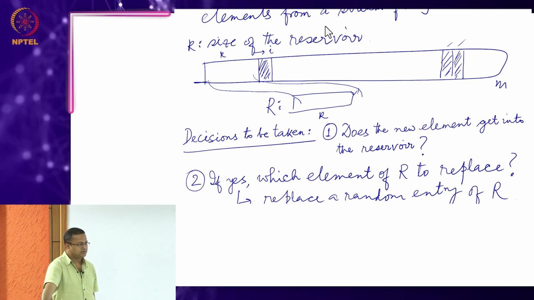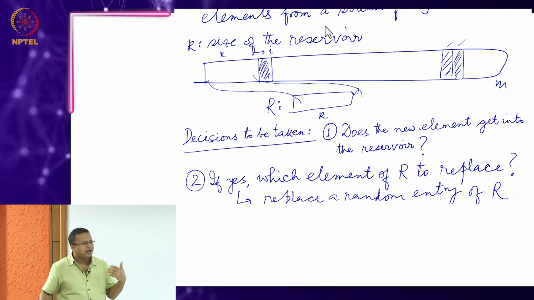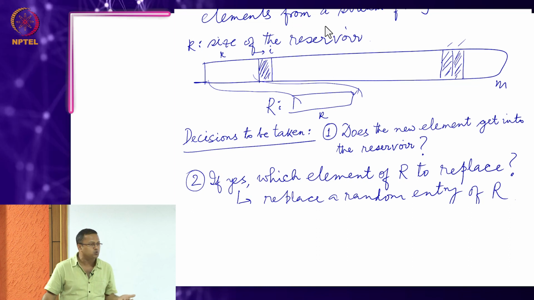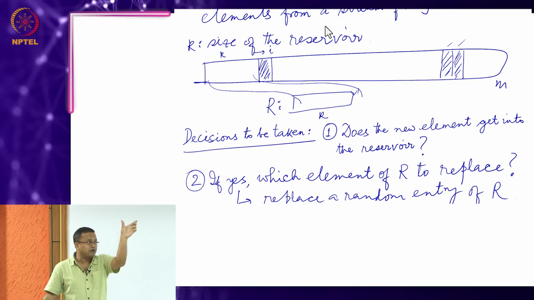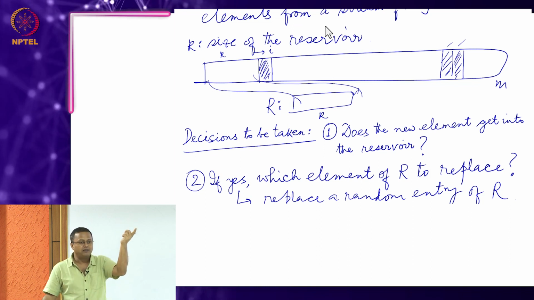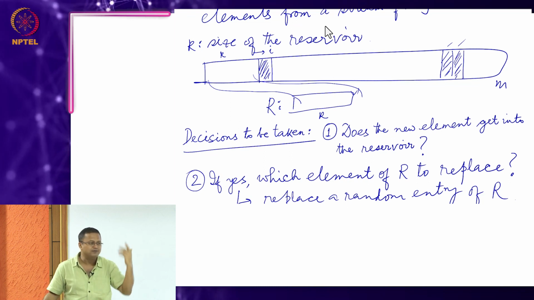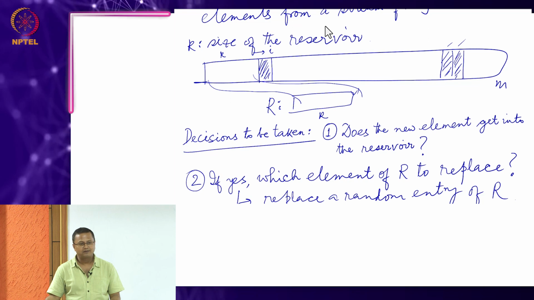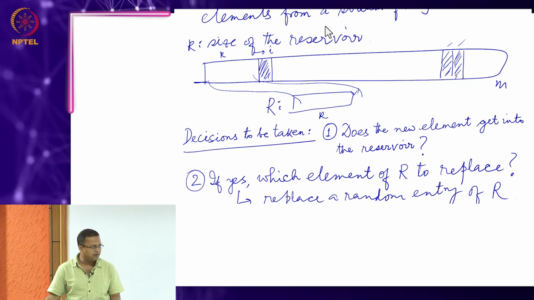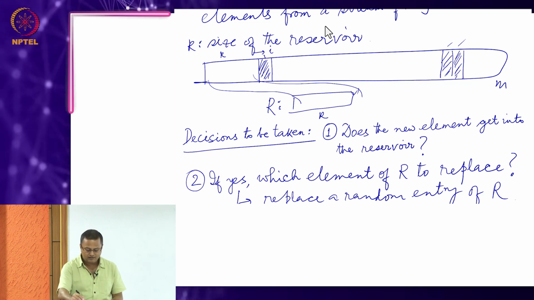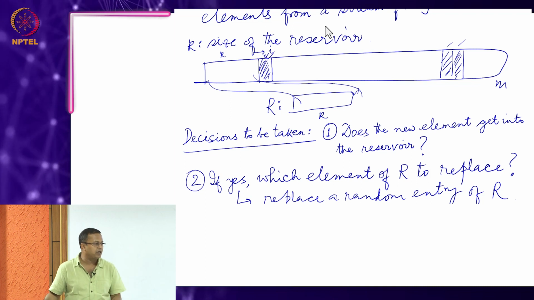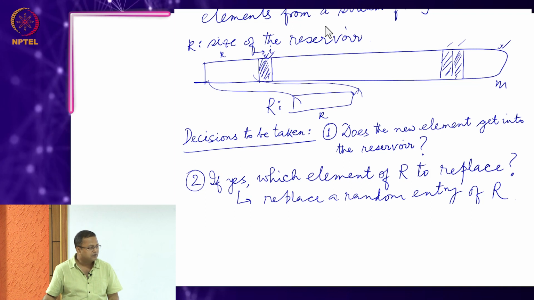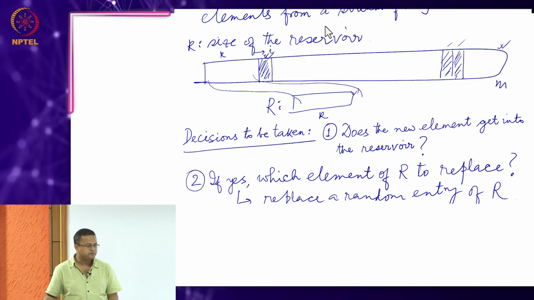So what I would do is, I would try to make the probability proportional to the reservoir size by the length of the stream seen so far. So that an element in here comes with a probability of k by i and an element there comes with a probability of k by m.